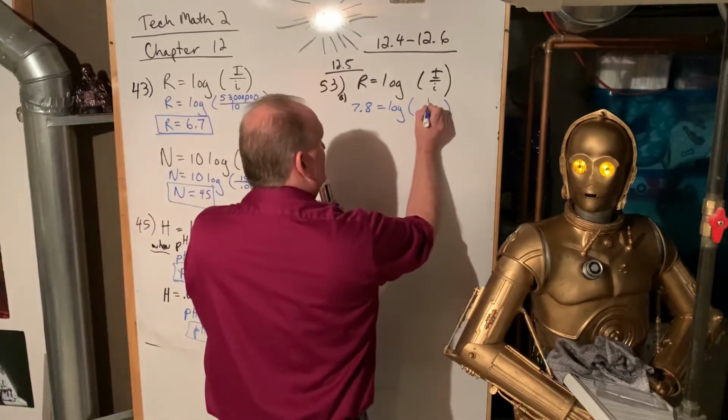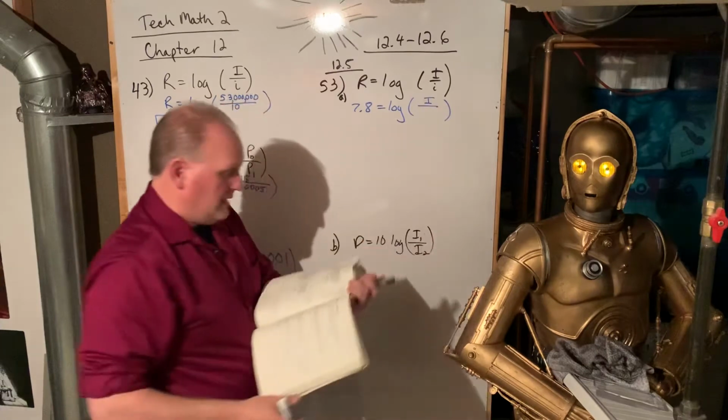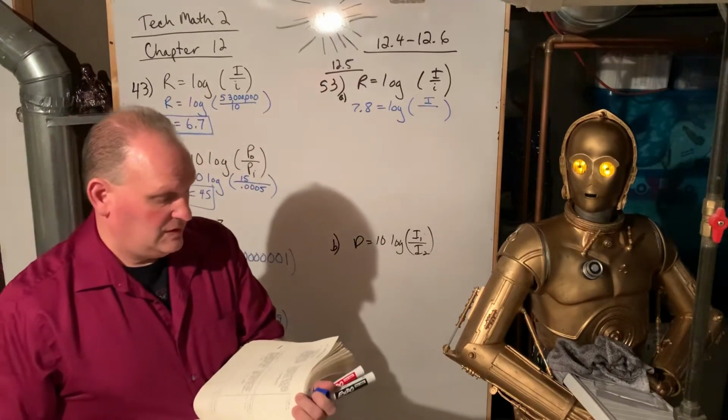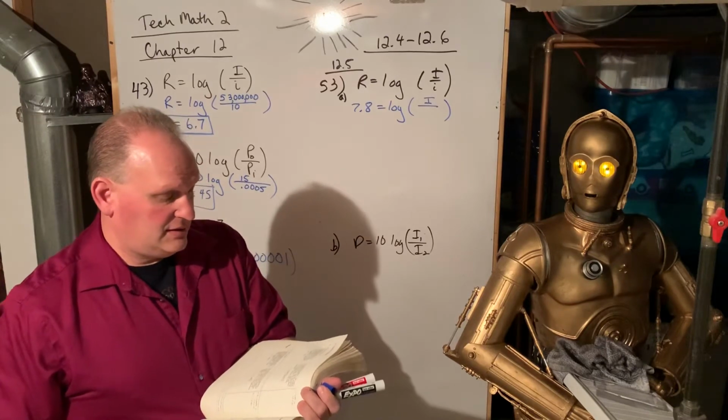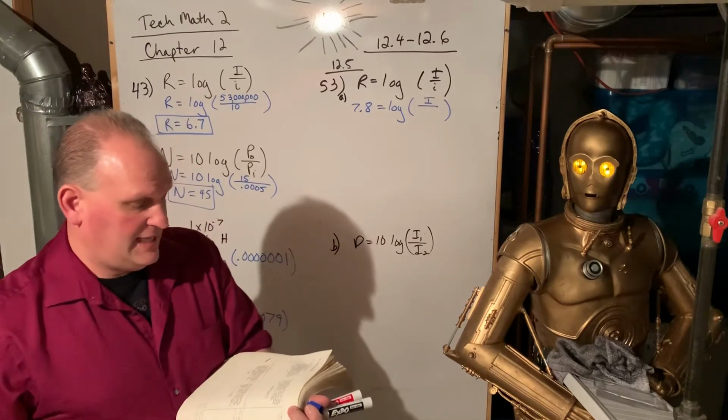So big capital I, little I given is the comparison of the intensity, and that was 10 units.